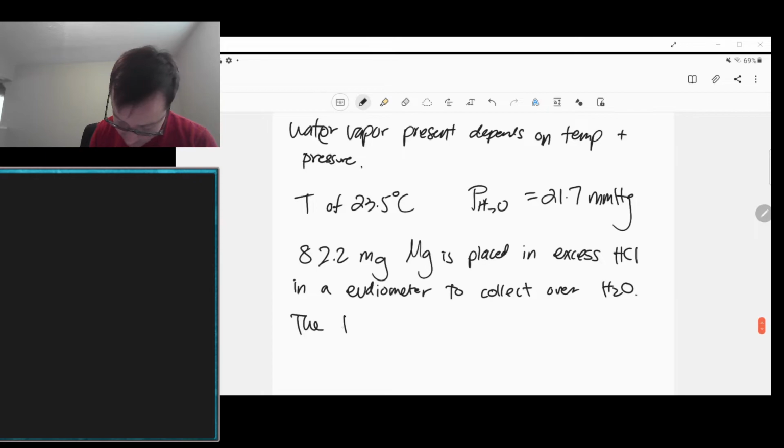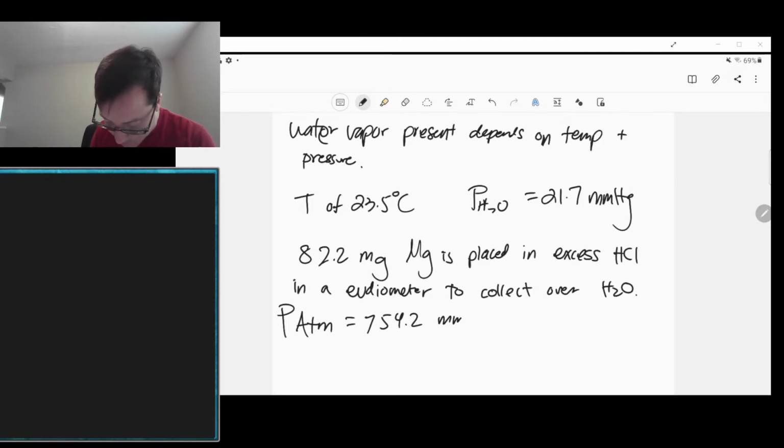The total pressure, or rather atmospheric pressure, which will be our total pressure when we're doing an experiment like this, let's say today it happens to be 754.2 millimeters of mercury. And we have our temperature already.